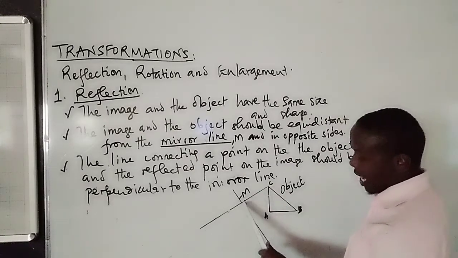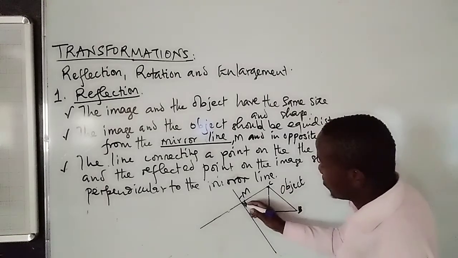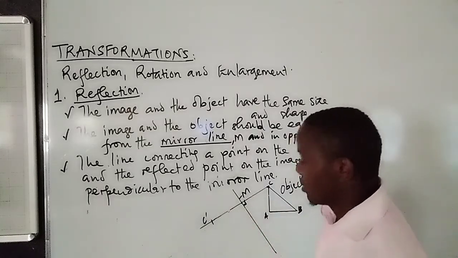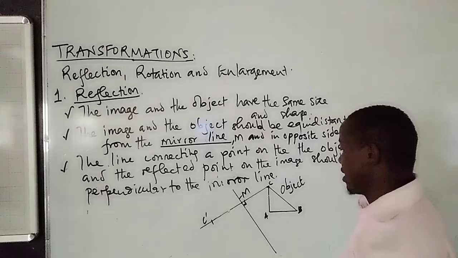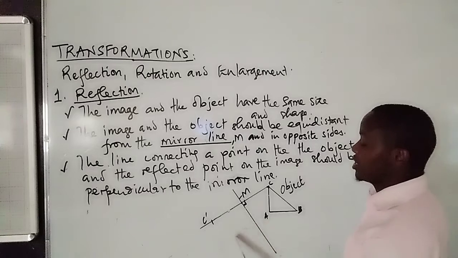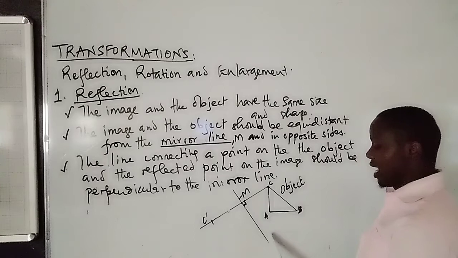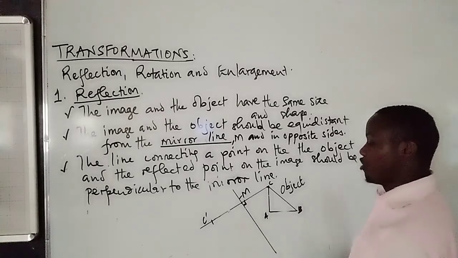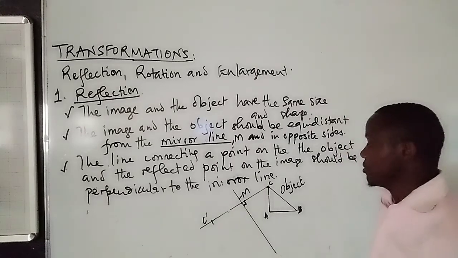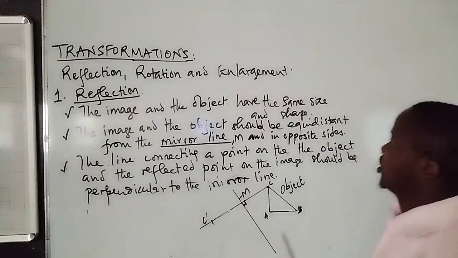After reaching the mirror line, this distance from C to M should be the same again from M to the reflected C prime after reflection. Similarly, you do the same to A. You bring it here perpendicular and then you proceed an equal distance. You get A prime, and for B the same. From B to the mirror line perpendicularly and to the opposite side an equal distance. So that is what we call reflection. Let me mention something to do with rotation.